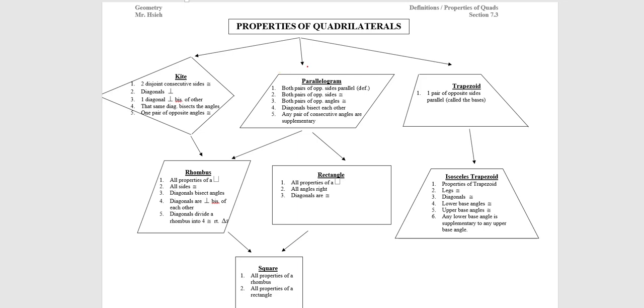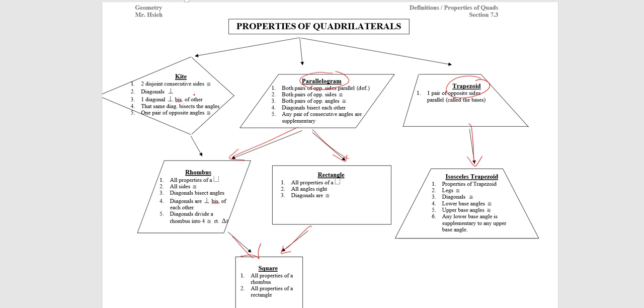So for example, you have a parallelogram here, and then a rhombus and a rectangle are specific types of parallelograms, and a parallelogram that's a rhombus and a rectangle is a square. And then you have a trapezoid, and a more specific type of trapezoid is an isosceles trapezoid.